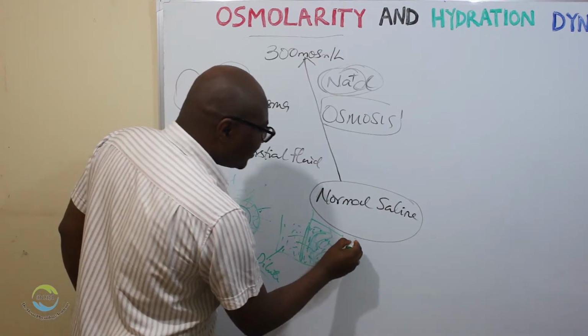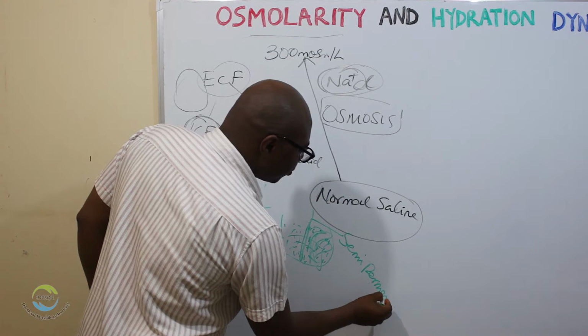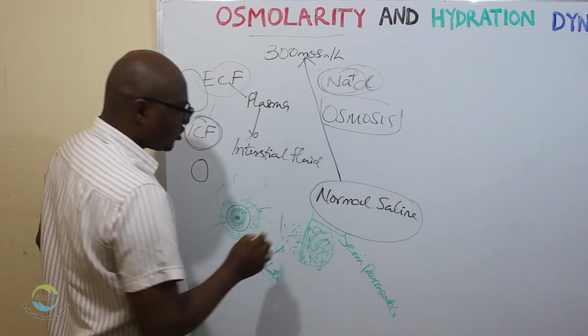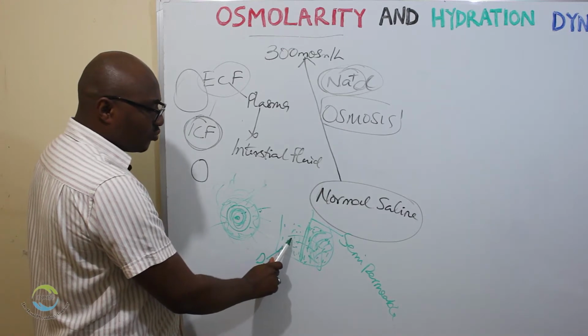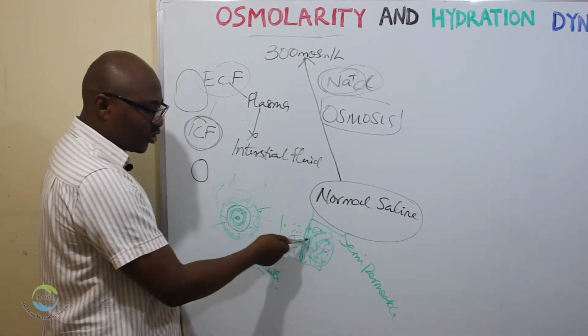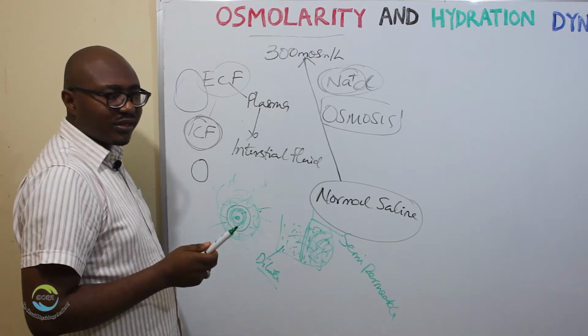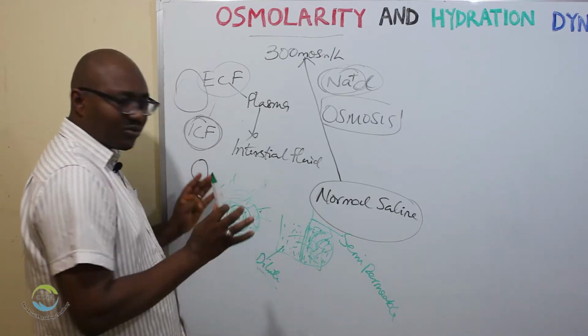This membrane is called semi-permeable. It is called semi-permeable because it allows water to move, but it doesn't allow the solute to move. Okay? Because if the solute can easily move, then it's no longer osmosis.